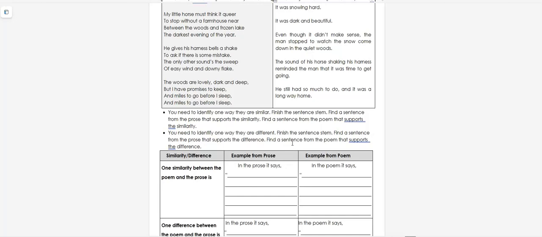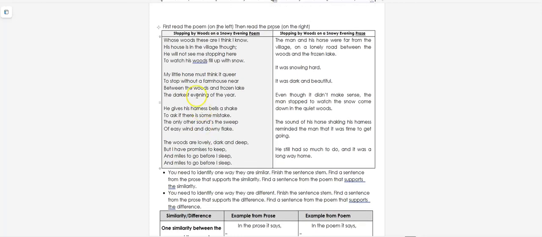So I gave them the sentence stem. In the prose it says, in the poem it says, right? So one similarity between the poem and the prose is, and they had to find it. We could say the one similarity is they both talk about the woods, right?